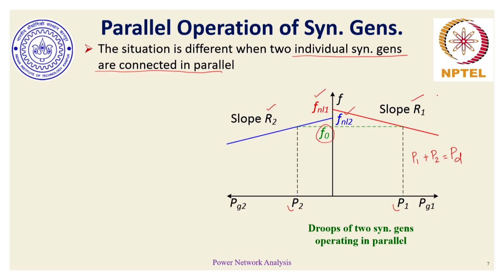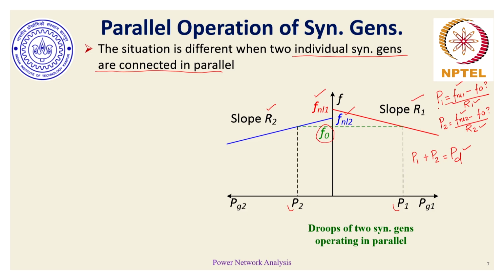If you recollect, for generator 1, P1 should be nothing but FNL1 minus F naught divided by R1. And similarly, P2 would be nothing but FNL2 minus F naught by R2, in which FNL1, FNL2, R1 and R2 are known. The unknown is F naught, which is common in both the terms. We also know the common load which these generators are trying to satisfy.